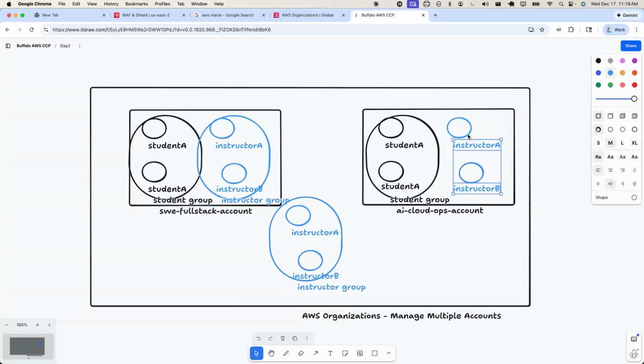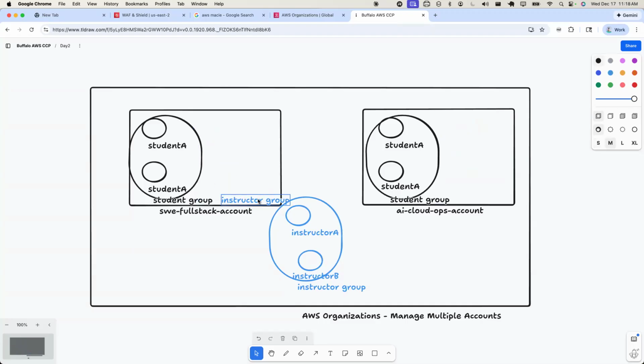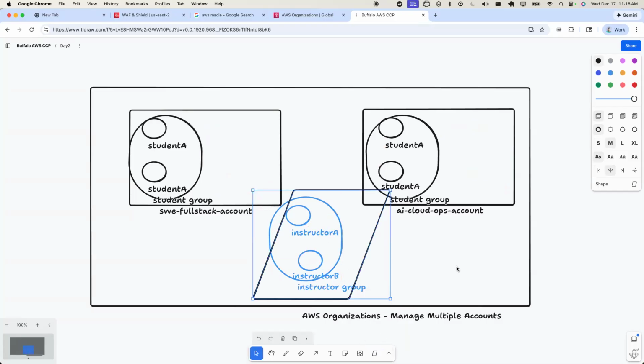Instead of having to do all this and have duplicate accounts in both, this is where things like the IAM Identity Center come in, which is a pain in the butt, let me tell you.